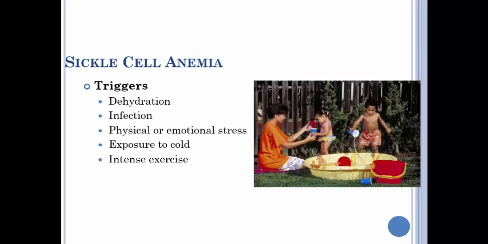Triggers that put somebody in sickle cell crisis can be dehydration, infection, physical or emotional stress, exposure to cold, intense exercise, and changes in altitude because there's less oxygen concentration as you get higher. All of those things can trigger a sickle cell crisis.